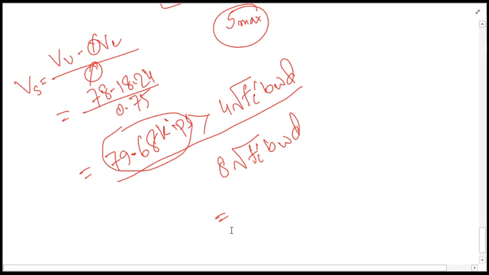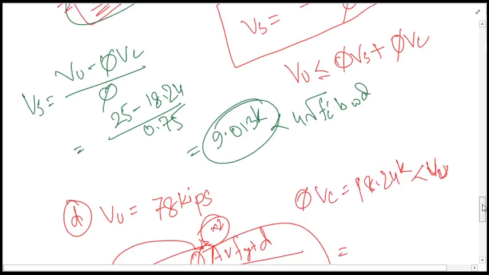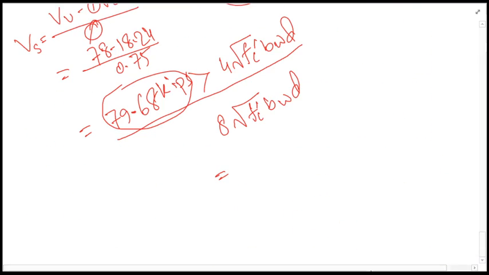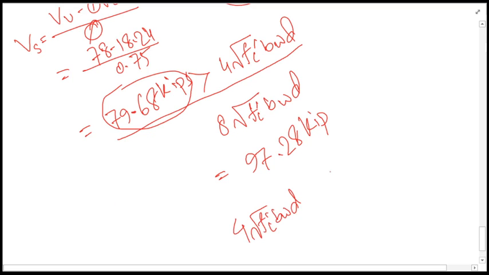It will be double of this one, 48.64, that is 97.28 kips here. So you see that yes, 4 root fc prime bwd is less than Vs, which is less than 8 root fc prime bwd.